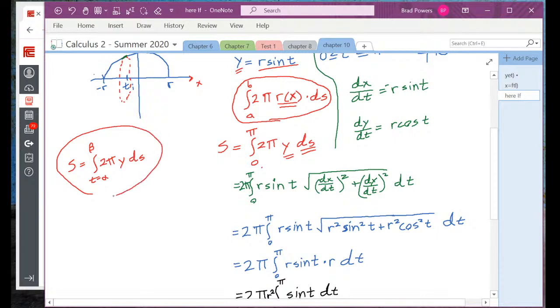And that's if you're rotating about the x-axis. If you're rotating about the y-axis, well, then your radius would change, right? And you'd be going from alpha to beta of 2 pi x ds. ds, that arc length part.